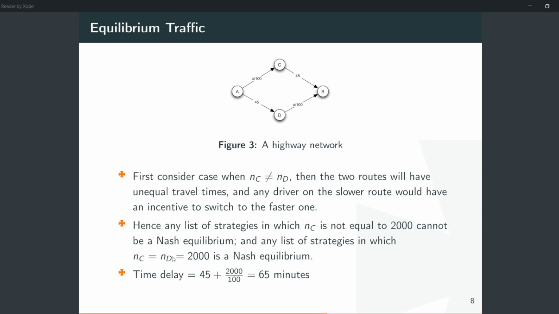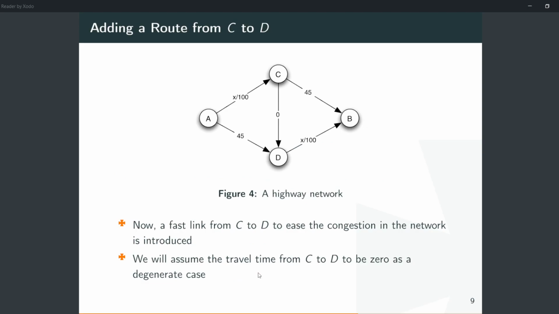And in this situation, what is the time delay? It will be 45 plus, with 2000 people going here and 2000 going here, 2000 by 100, which is 20, so 45 plus 20, 65. 65 is a number you have to remember. Now we add a route from C to D. Our intuition says that this route should speed up the transport.